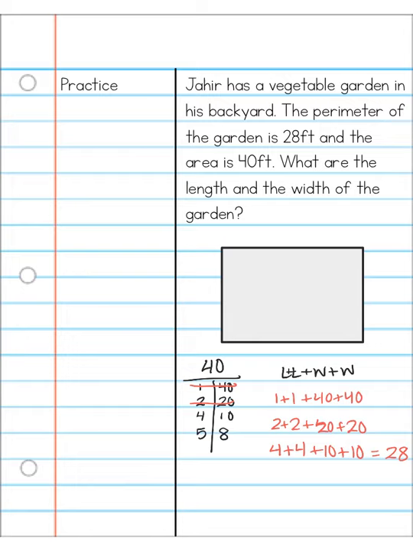So that one will work. It's probably a good idea to check the last one anyway. 5 plus 5 plus 8 plus 8 gives me 26. So that one won't work. So the length and the width are 4 and 10.